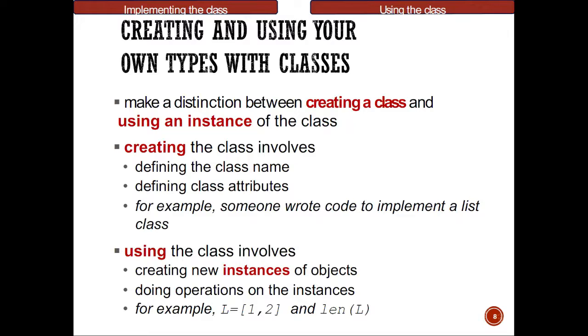For example, someone can write code to implement a list class. On the other hand, using the class involves creating new instances of the objects and doing operations on the instances. For example, here we create a new instance of a list type, and then we can perform some operations on it, such as determining its length.